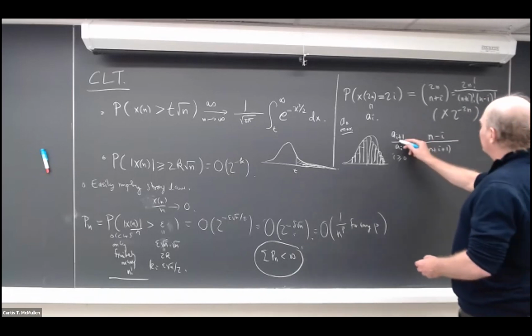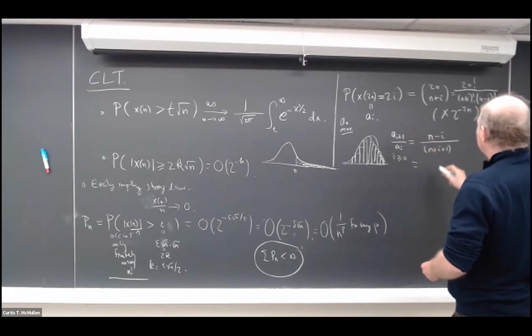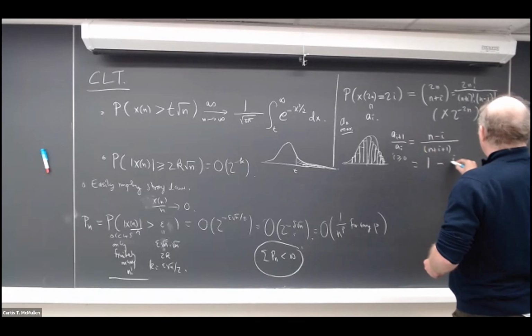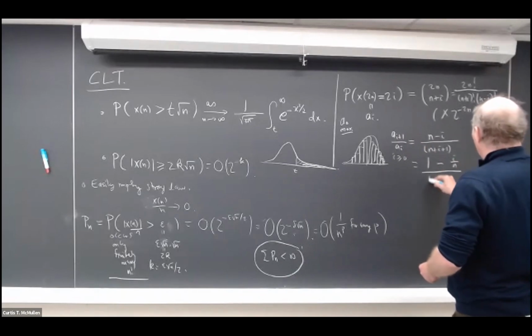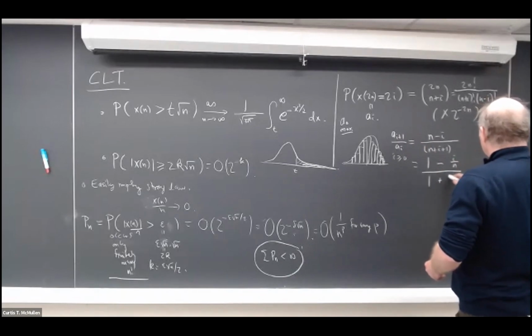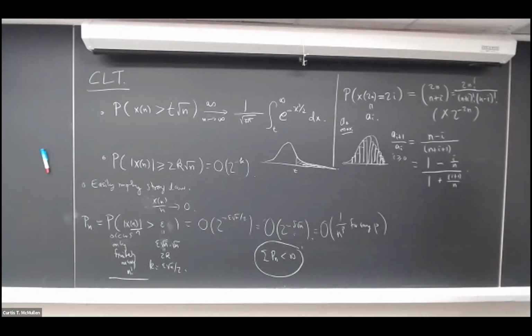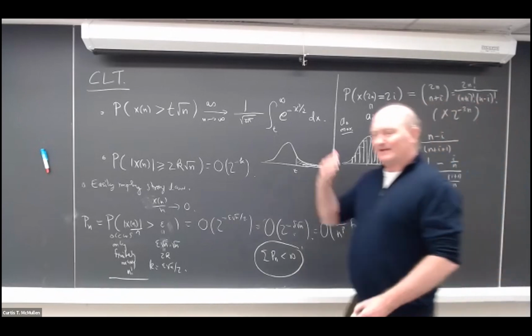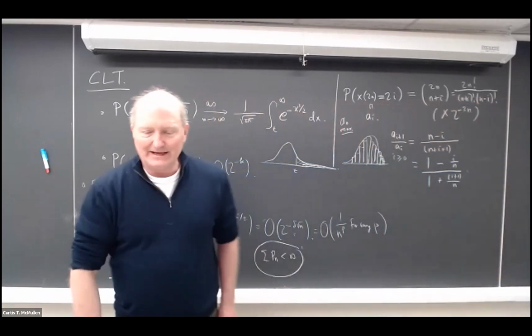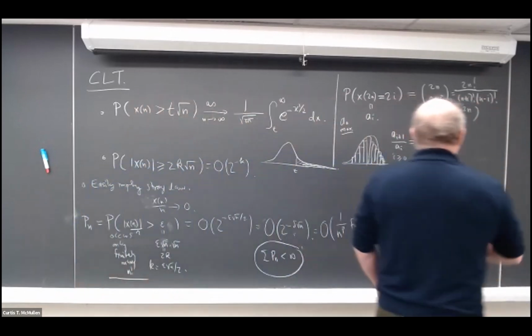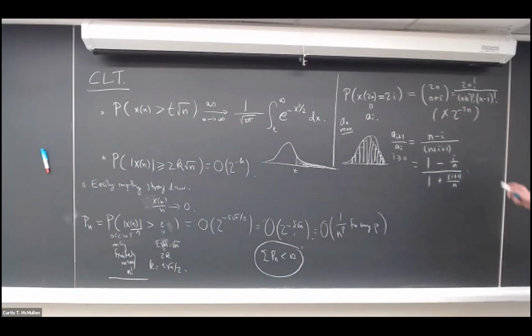So the ratio between successive terms is (1 minus i over n) divided by (1 plus (i plus 1) over n). This proves rigorously that the probability goes down with i. But you see something even more striking, which is that this ratio is a decreasing function of i.